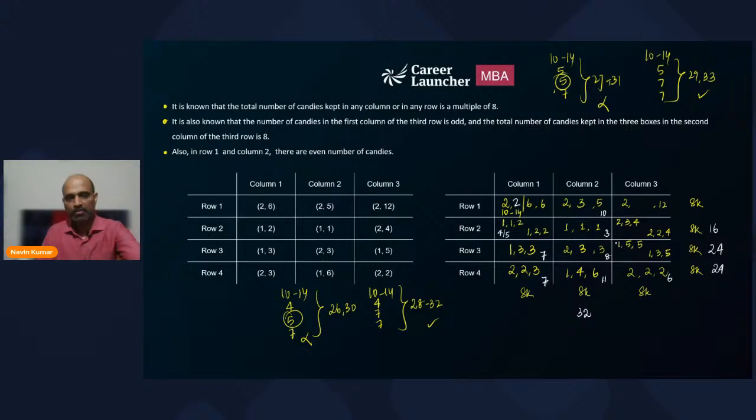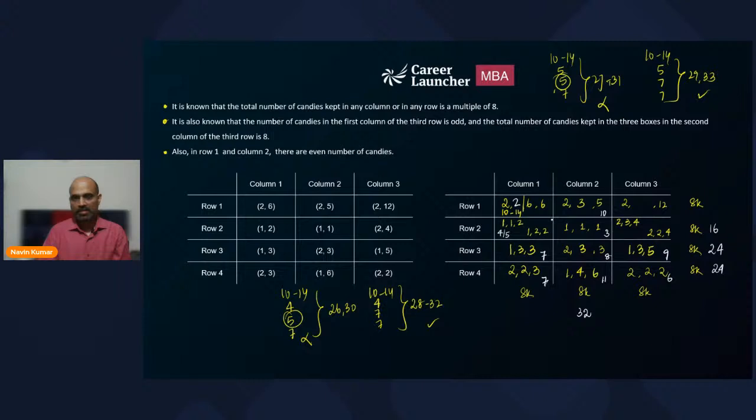Why did I write 154? It should be 155. This is 9, 135. Okay. So this is done. Okay.